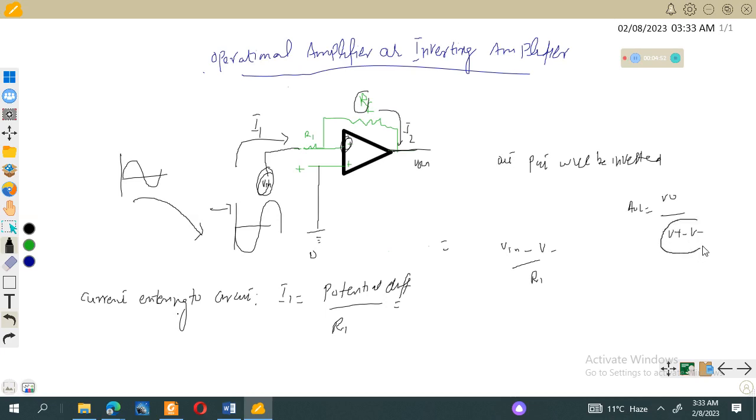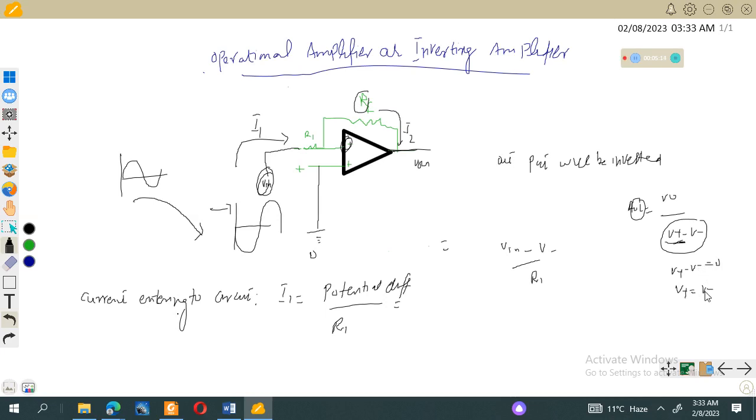We assume that V plus minus V minus is equal to 0, because the gain was maximum, so this term should be minimum, and the minimum value of this is 0.